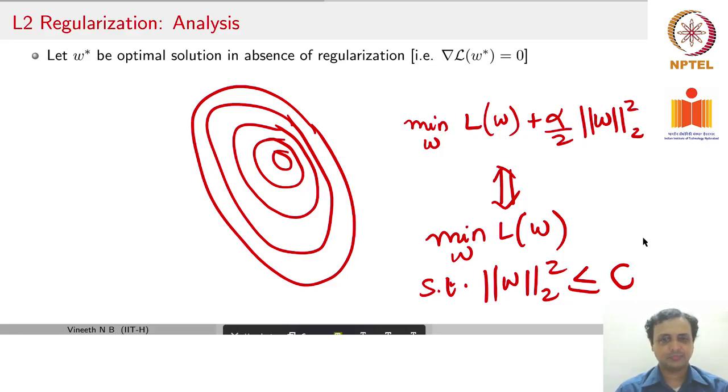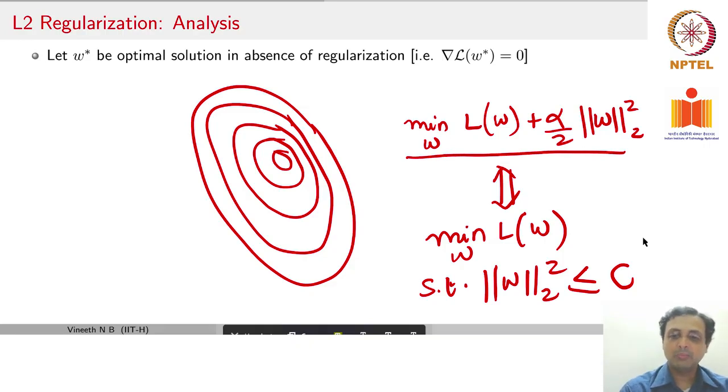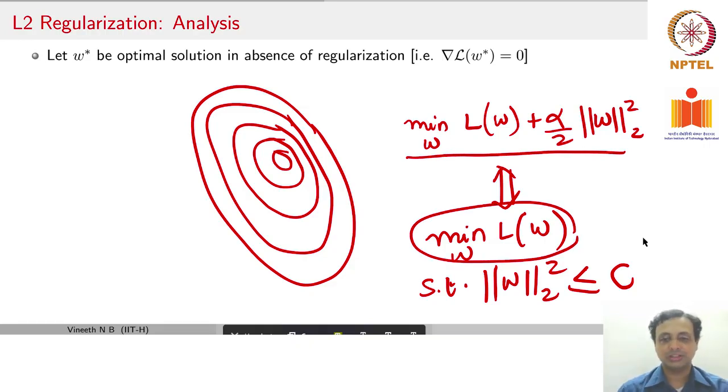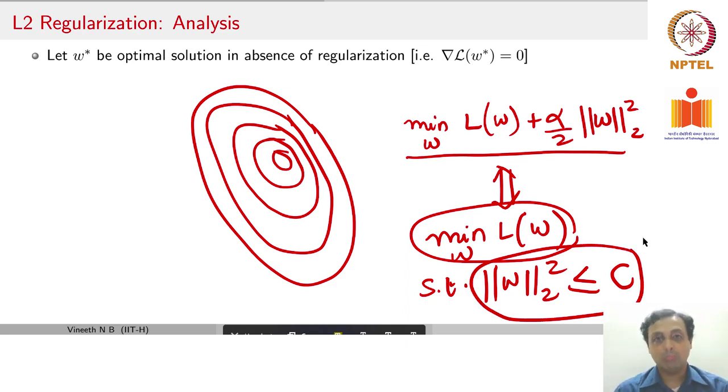Why are we saying this? What this means now is the minimum of this new objective function is equivalent to the minimum of this original objective function subject to the 2 norm being lesser than some value. If you recall, this is nothing but a norm ball of the weights, and it's not a unit norm ball now, it's a C norm ball.